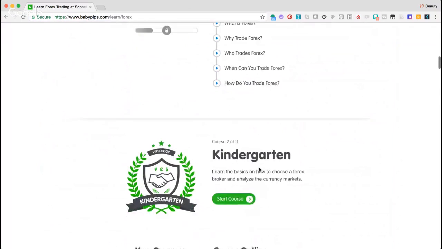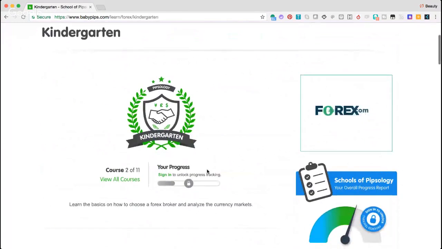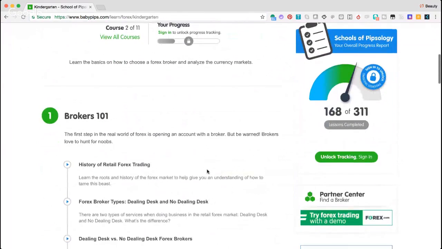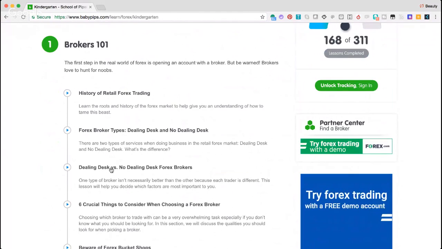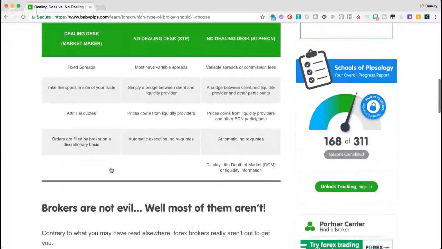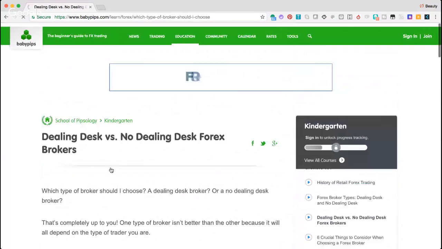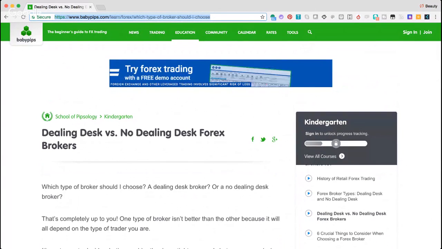I'm not going to go over that. We're now in the kindergarten, and we are on dealing desk versus no dealing desk. I'll put that link in here if you want to go ahead and grab the page yourself.